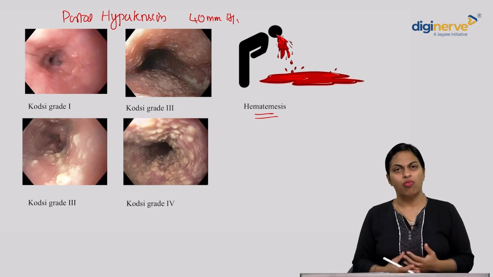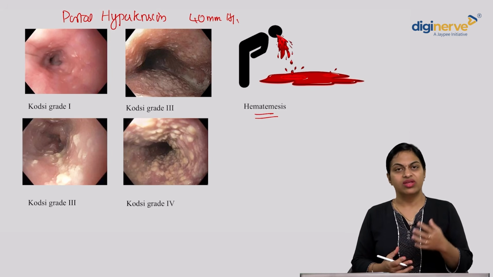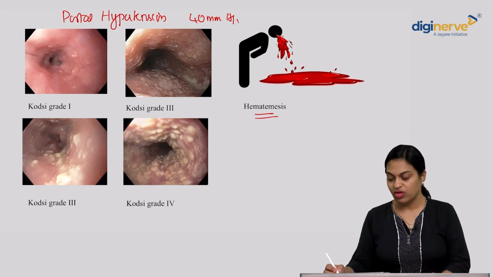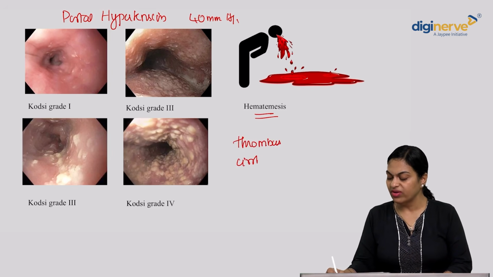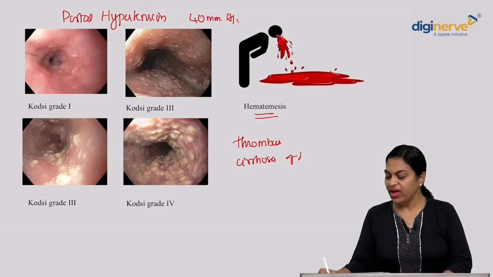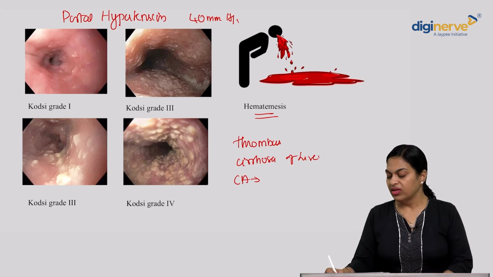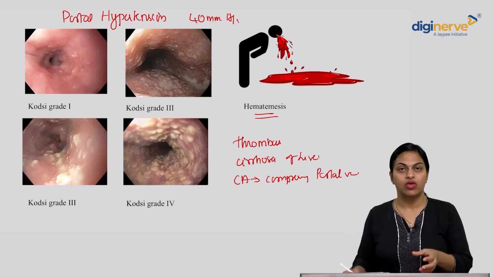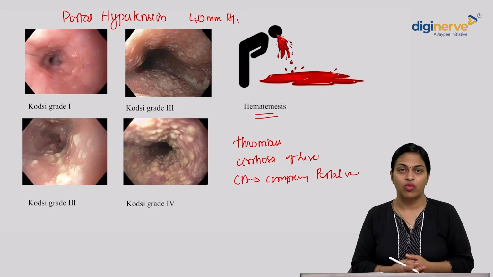What are the reasons for portal hypertension? What are the things that can increase the pressure within the portal vein? Any obstruction due to a thrombus, cirrhosis of liver, or any carcinoma compressing the portal vein. We saw the course of the portal vein and relations of the portal vein, right?